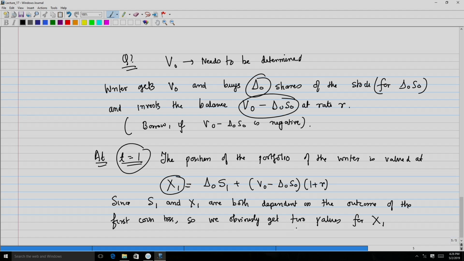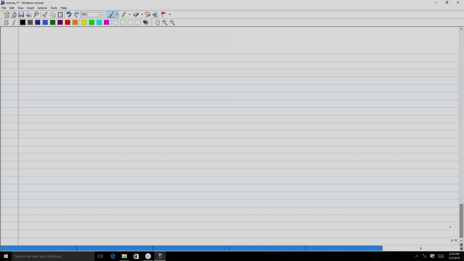By two values for x1, I mean that it is a random variable which takes two values.